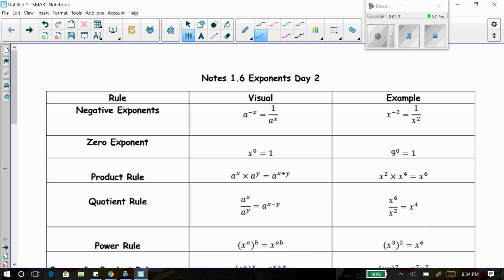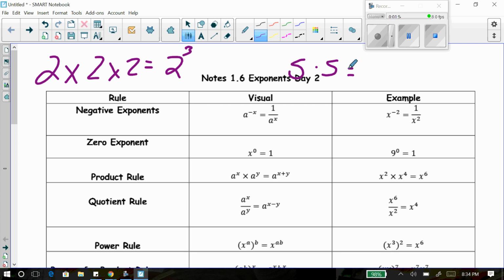Okay? So we learned the first two rules in our set of notes last time, and we also learned how to just write exponents, right? 2 times 2 times 2, we can write that as 2 to the third. 5 times 5, we can rewrite that as 5 squared.